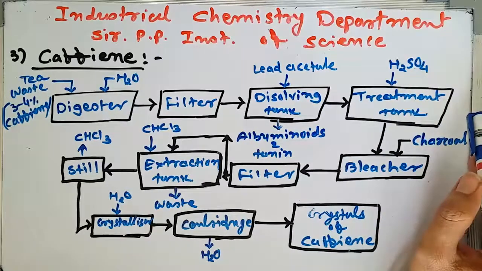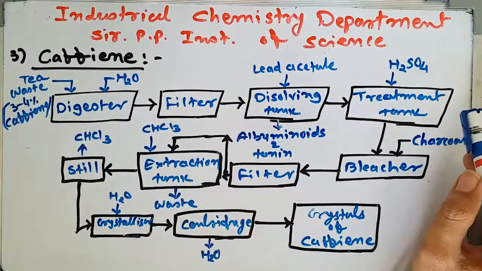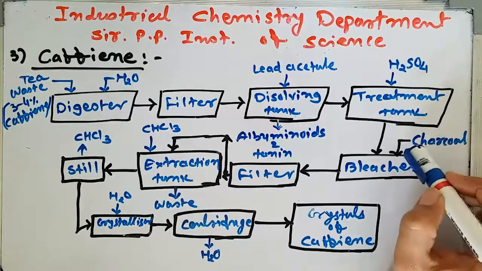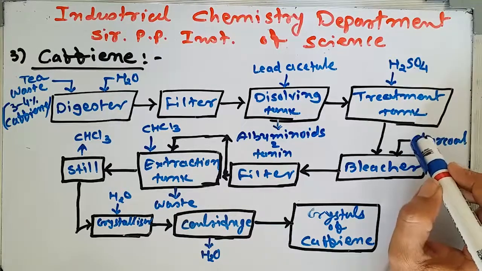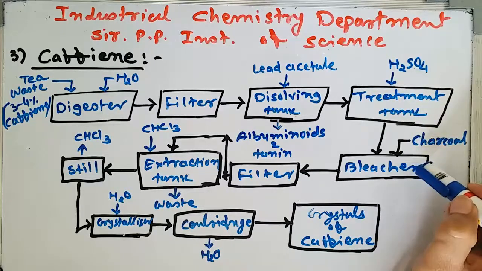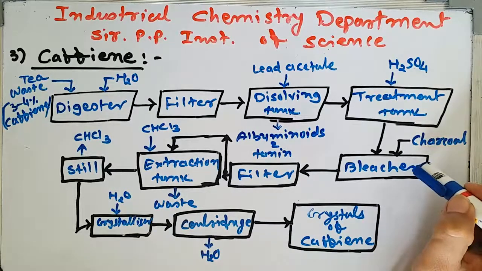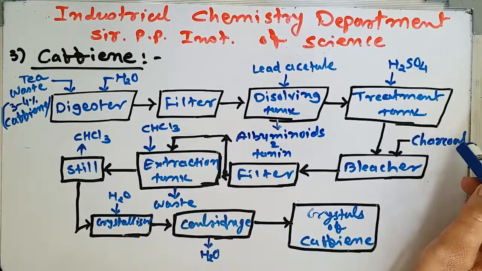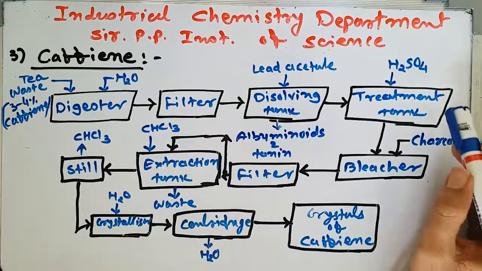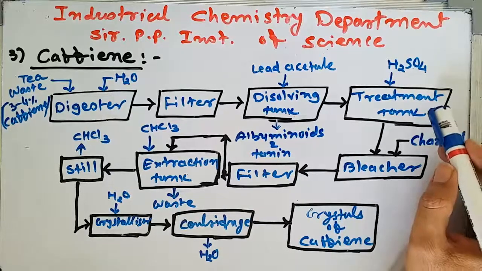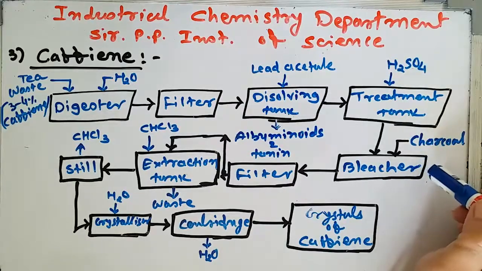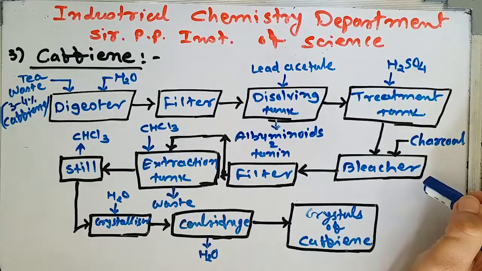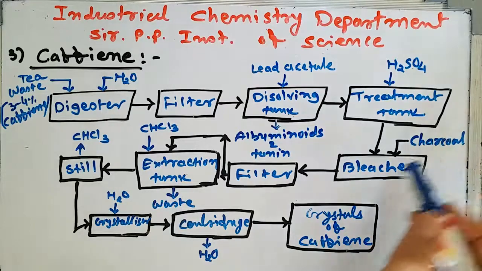Now this clear filtrate, after removal of lead, is taken from the treatment tank to the decolorizer or bleacher and decolorized by charcoal.